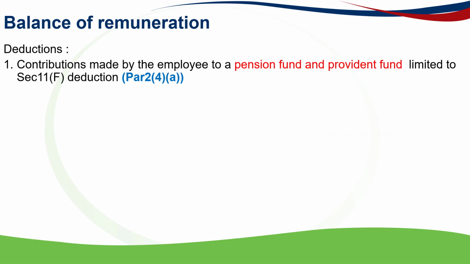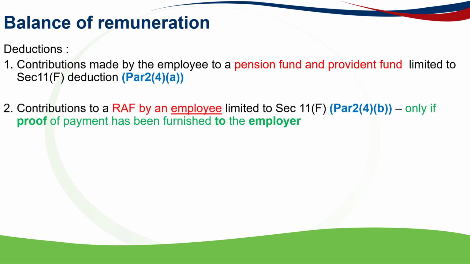Right? Any contribution to a retirement annuity fund made by an employee, and this deduction will only be allowed if the employee provided the employer with proof that they are making these retirement annuity contributions. So if the employee made a contribution to a pension fund or a provident fund, then they don't need to provide proof to their employer.